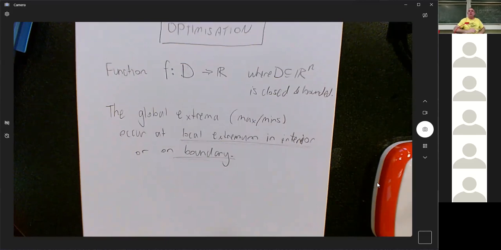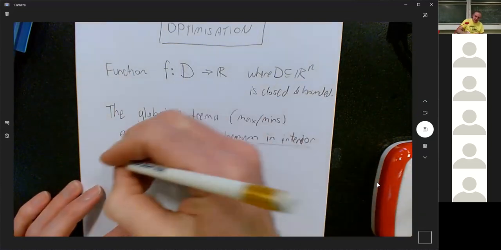A local extremum in the interior of some zone has to happen at the place where the gradient is 0, where the first derivatives are all 0 simultaneously, and you can tell based on the Hessian of second derivatives whether it's a maximum or a minimum or something else. That's the first bit. This is what I've got in my head.